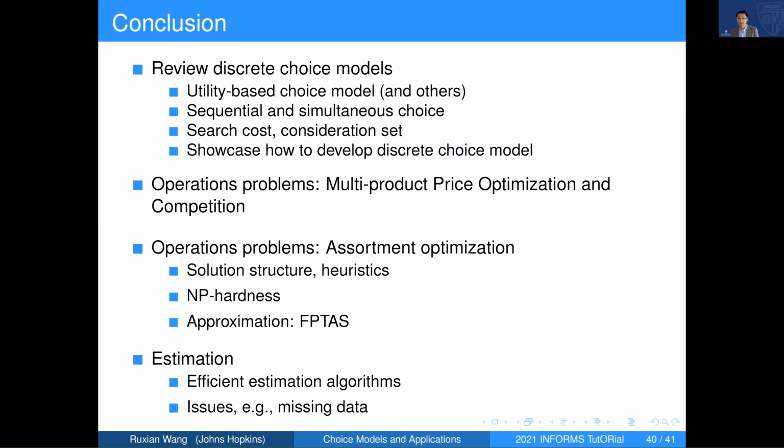Finally, we want to use the data to estimate the choice models, to calibrate the parameters in the discrete choice models. And we want to develop some efficient estimation algorithms. Meanwhile, we may also want to resolve some issues regarding the data, for example, missing data.